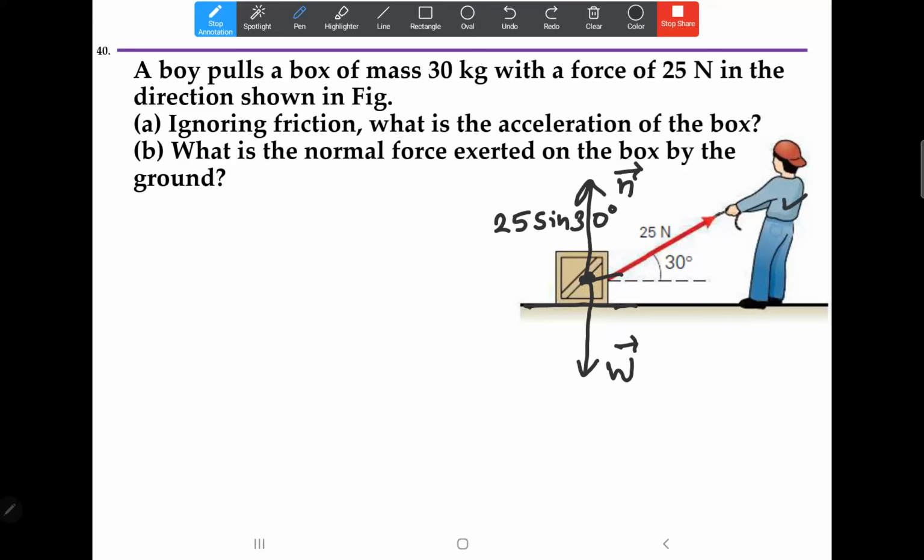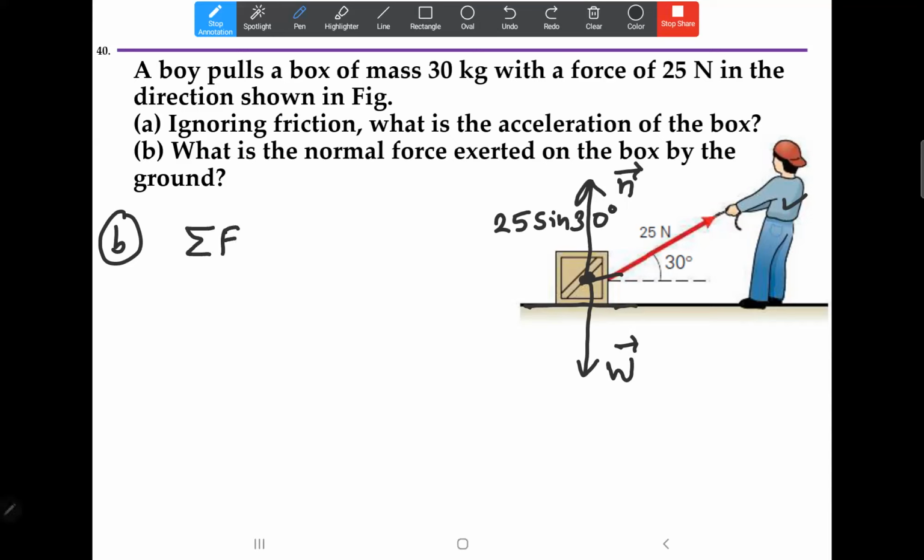As we did before for B, we already wrote down the mass and the force, so I'm not rewriting them. I will use those values for the calculation of the normal force. Now I will sum all of the forces along the y-axis.